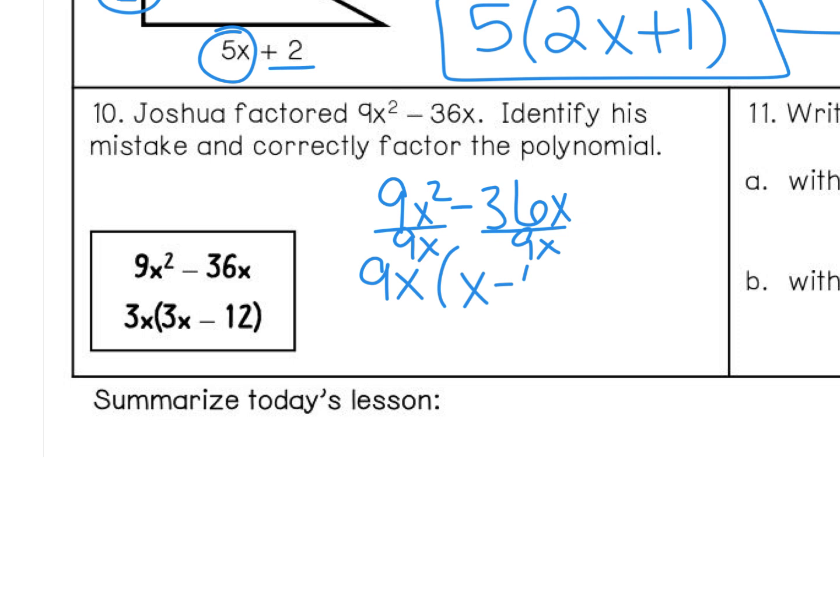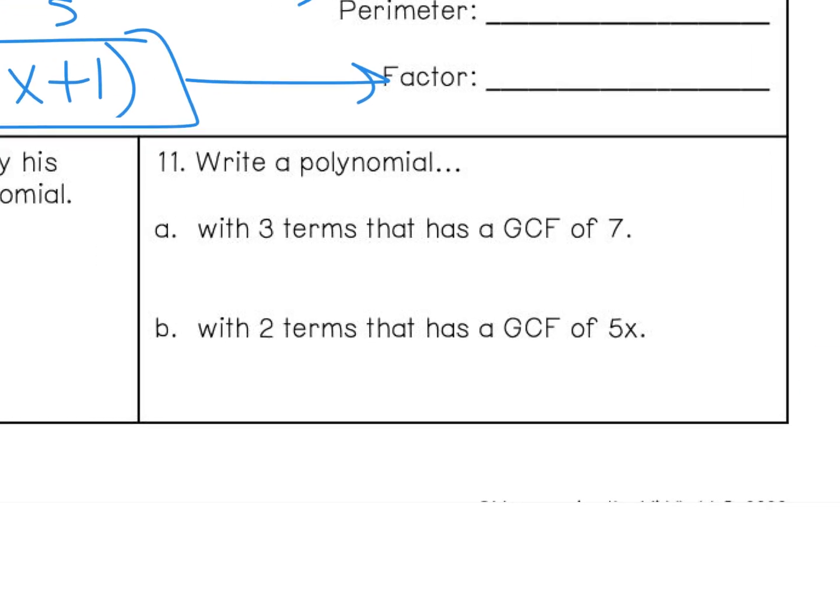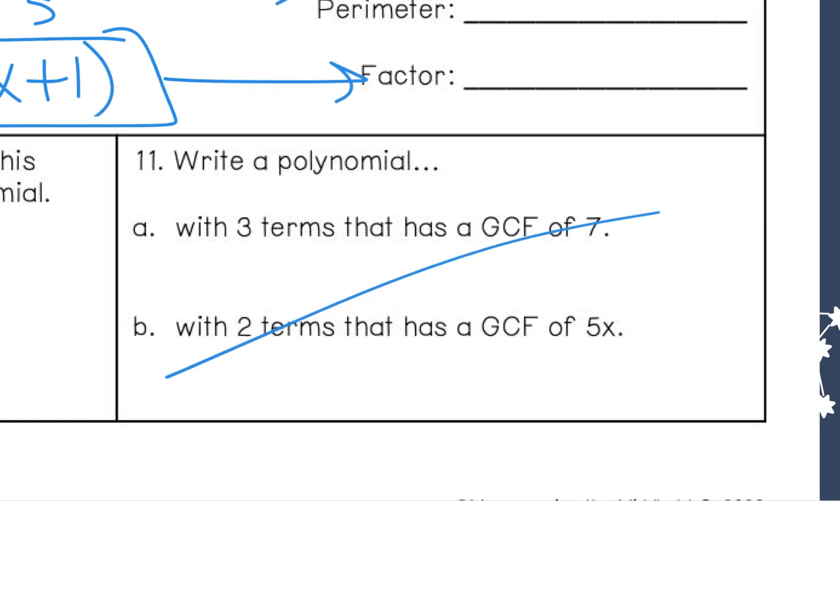So what was his mistake? Right. 3x is a common factor, but it is not the greatest common factor. Okay, because if you're looking at 3 and 12, we could take out another 3. Last one, right? No, we're not going to do that. So we're done.